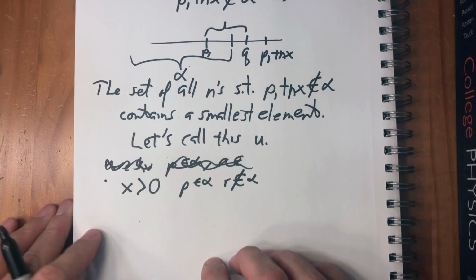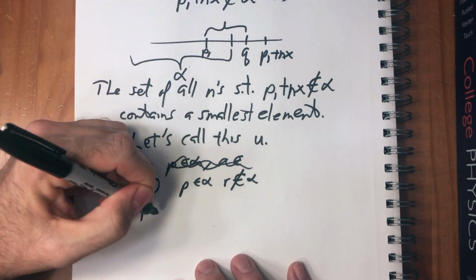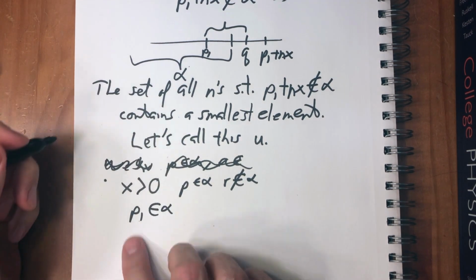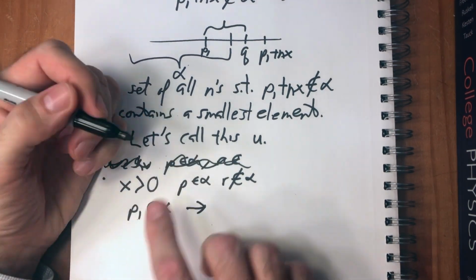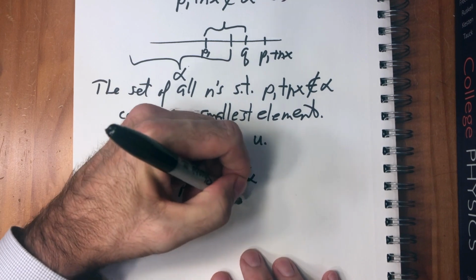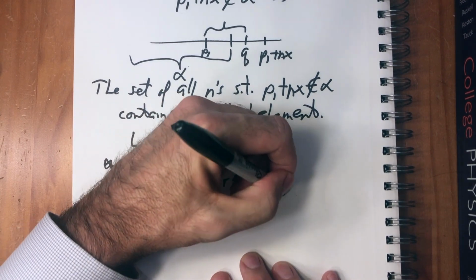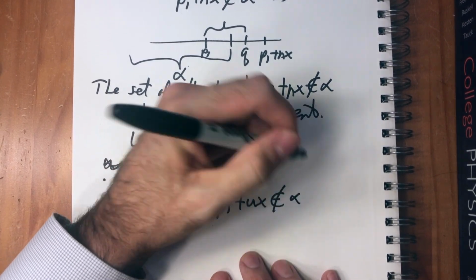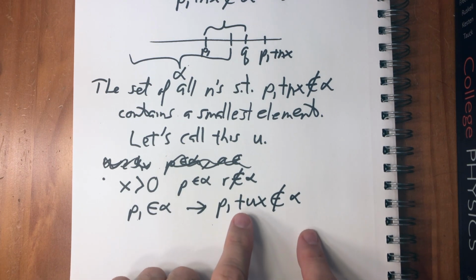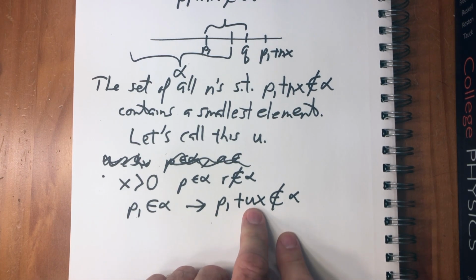And we chose p1 arbitrarily in alpha. And what we just did is we said that p1 plus ux is outside of alpha. The u is the smallest integer that puts p1 plus ux outside of alpha.